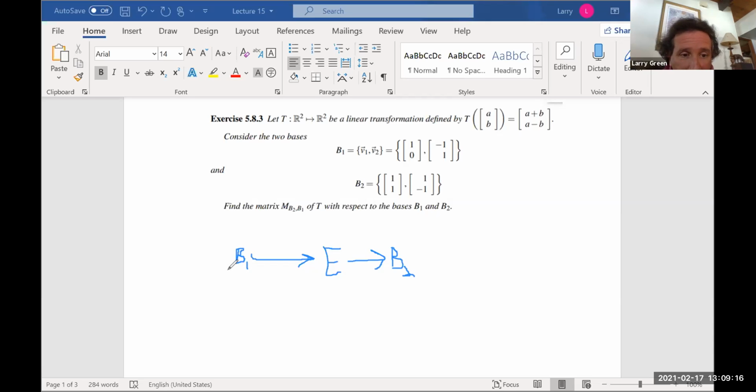And then on the bottom, exactly the same thing. And we're going to have the transformation that goes from the top to the bottom. So let me do that.